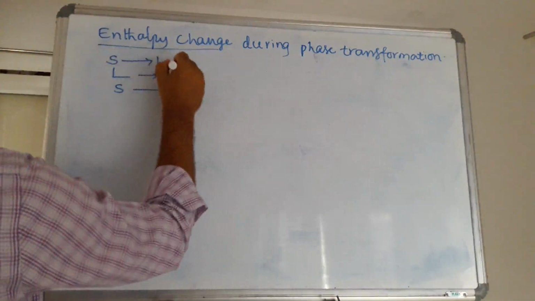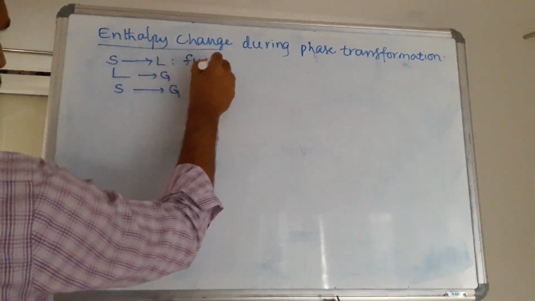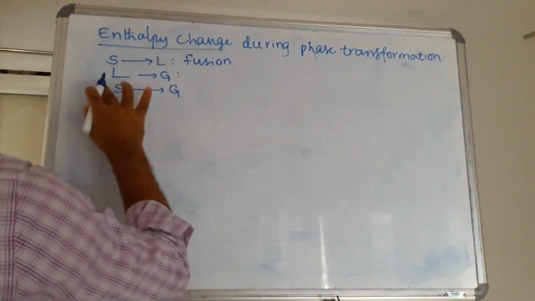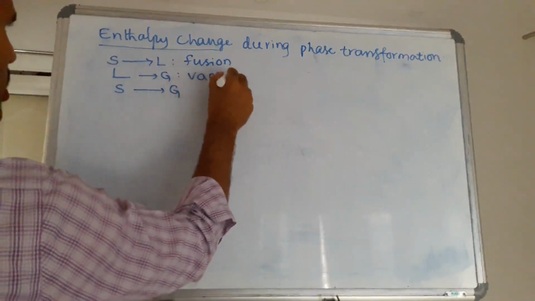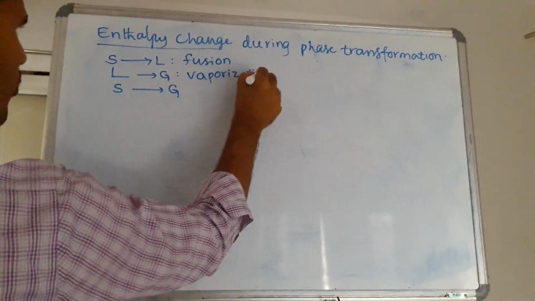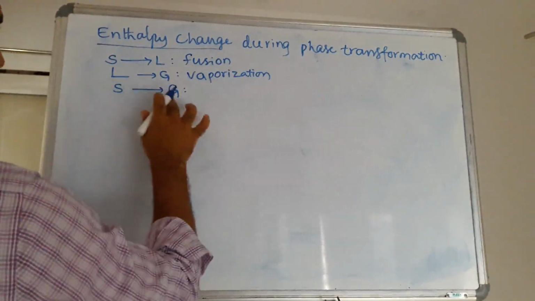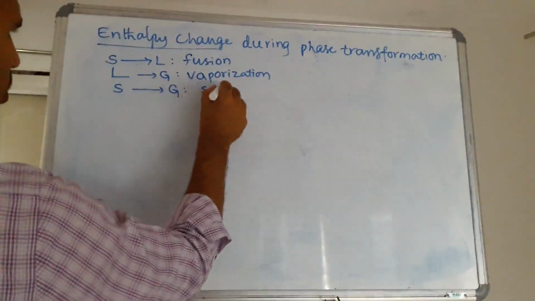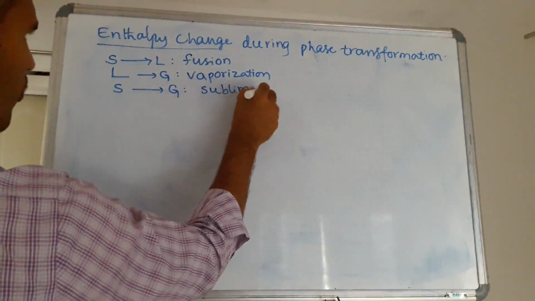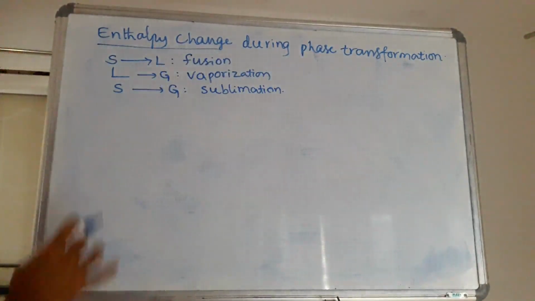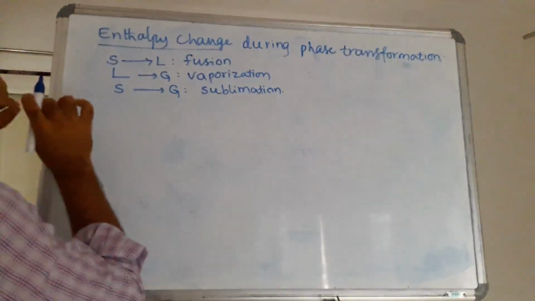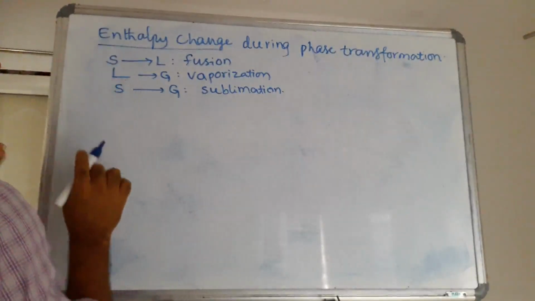Solid to liquid is known as fusion, liquid to gas is known as vaporization, and solid to gas is known as sublimation. First we will discuss how solid converts into liquid.